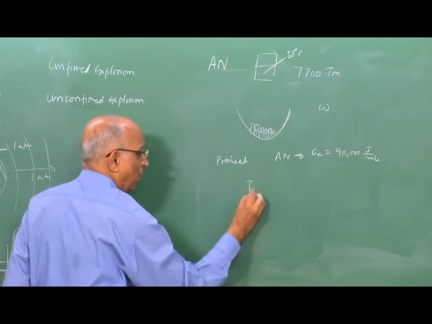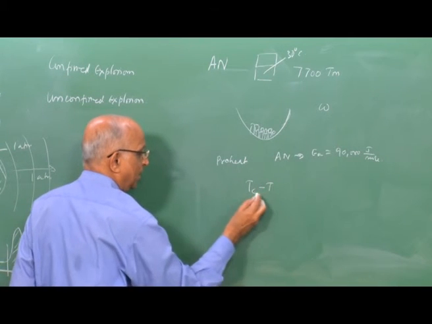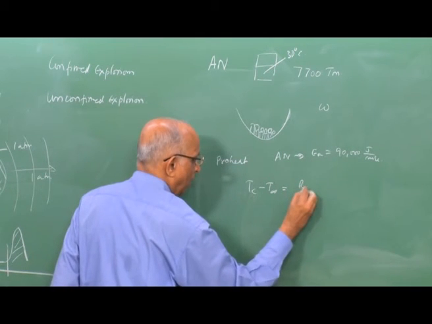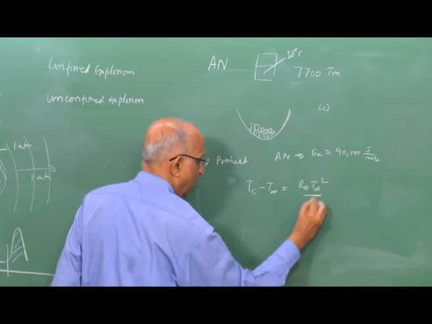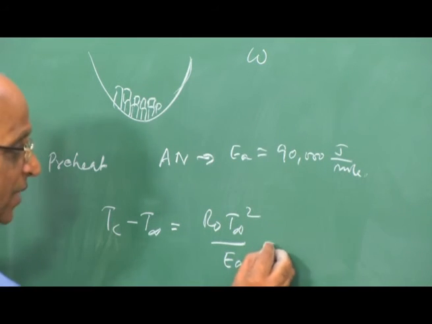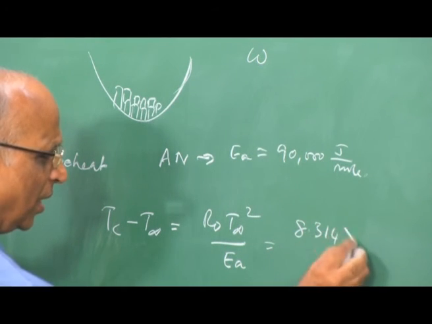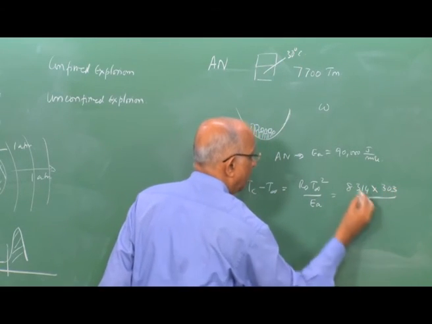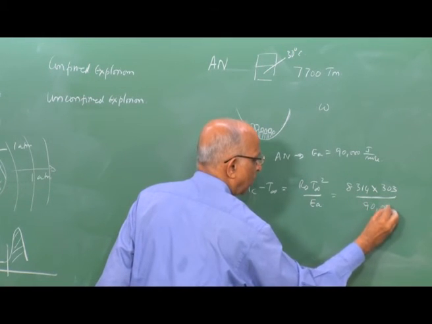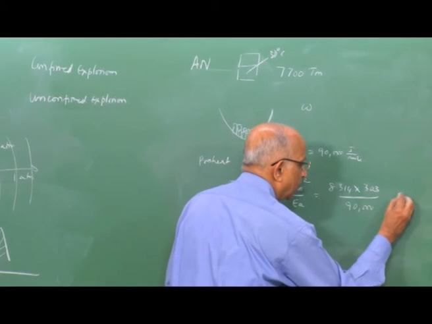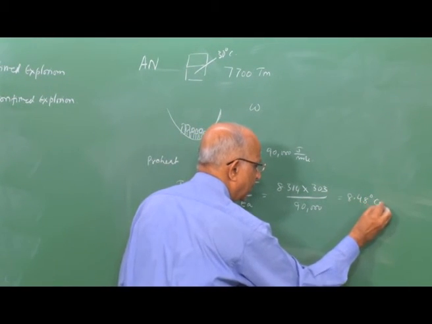Therefore, now I know from what we studied that Tc, the critical temperature, minus T ambient is equal to R naught T ambient squared divided by the activation energy, and therefore, I get the value of the critical temperature minus the ambient temperature as equal to 8 universal gas constant into T ambient, T ambient is 30, that is 303 Kelvin, divided by 90,000, and this number works out to be equal to 8.48 Kelvin, or degree centigrade.